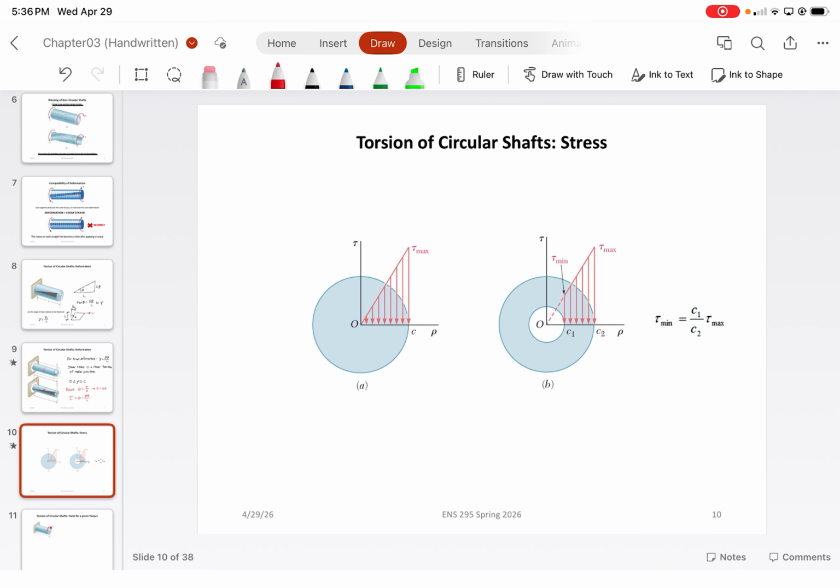The only difference for a hollow shaft is that between the center of the shaft and the inner radius, there's no material, so there's no stress. But in turn, there's going to be a minimum stress at the position C1, which is the inner radius of the shaft.